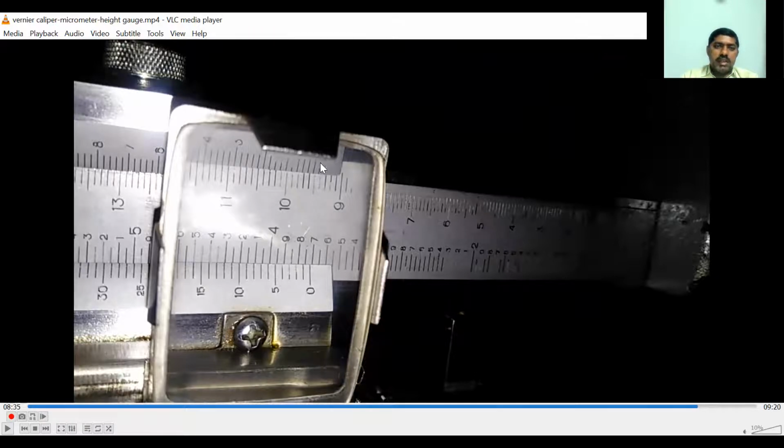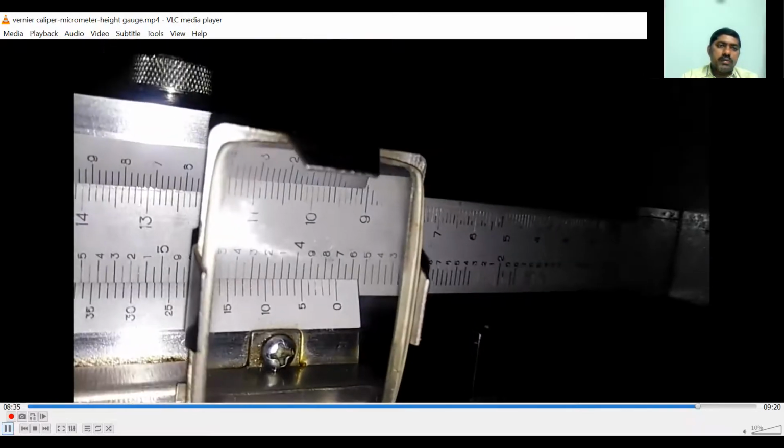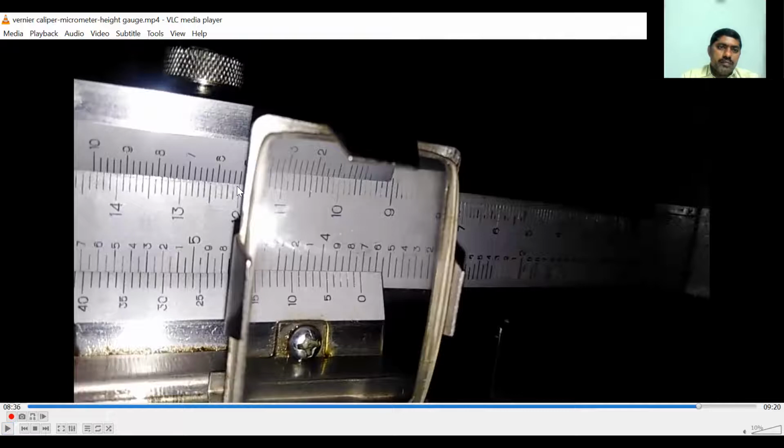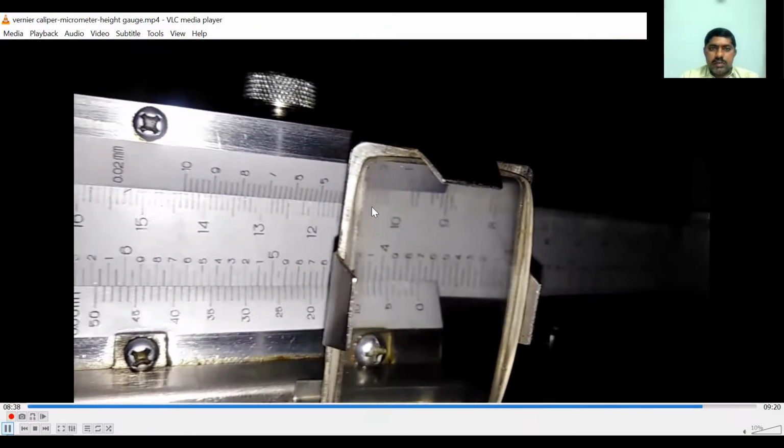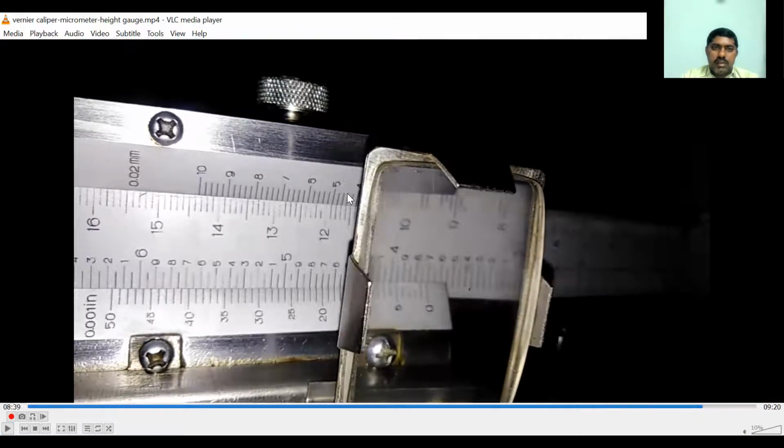So the main scale reading is 94, and we'll see what the vernier coincidence is. If you see here, the 5th number, that is the 25th division, is exactly coinciding with the main scale division. Therefore, the total reading is equal to 94 plus 25 into 0.02.